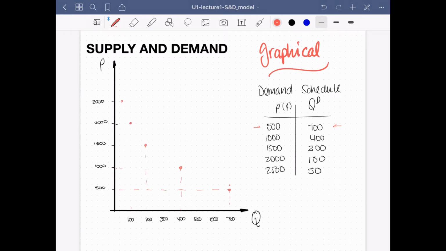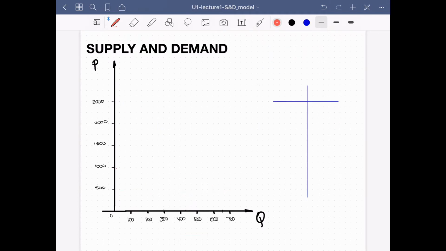This is how we obtain what we called the demand curve. One of the characteristics of the demand curve is that it slopes downward for a normal good. So as the price rises, the quantity that this economy will demand of a particular good decreases. This results in a downward sloping demand curve.